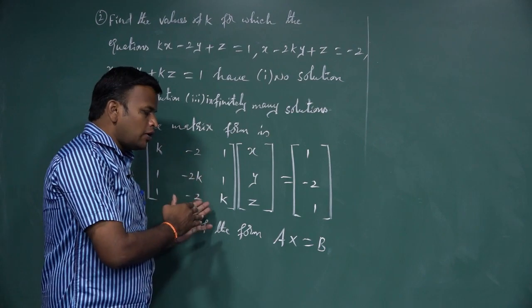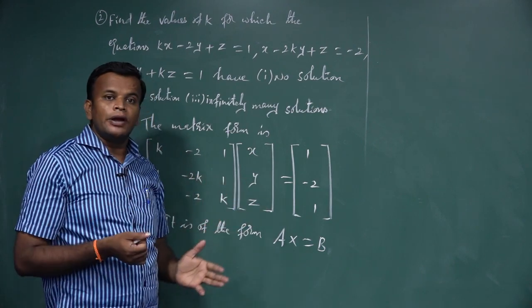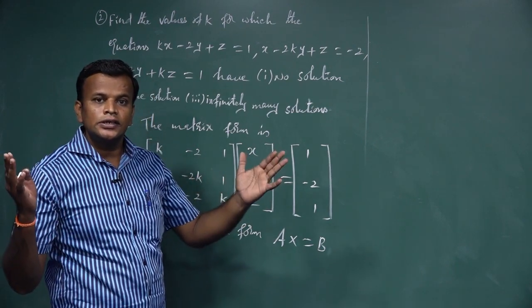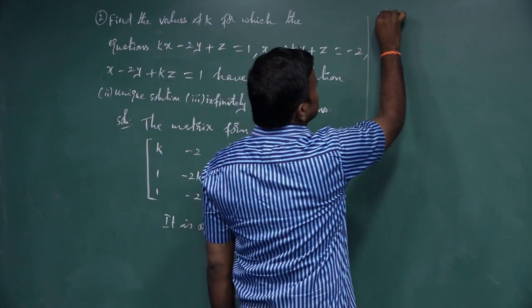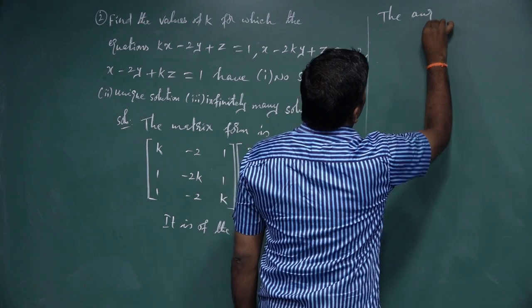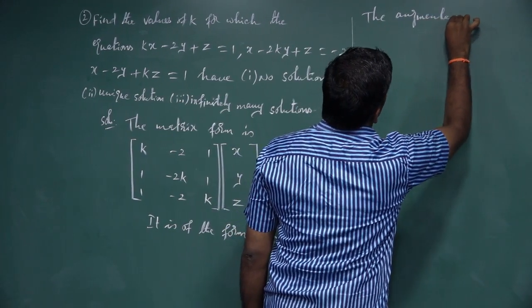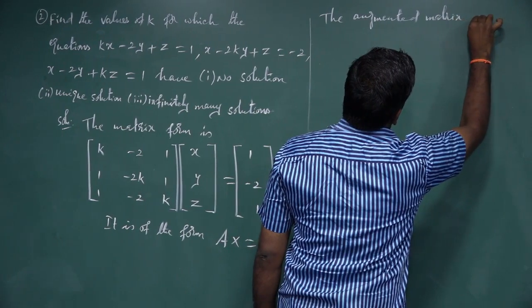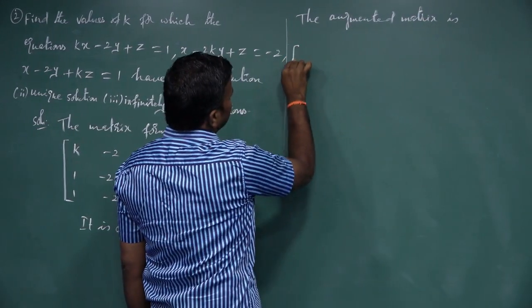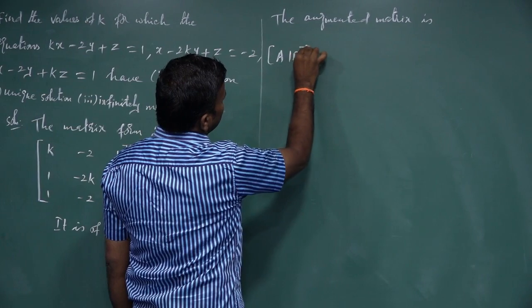Using this matrix form, we find one more matrix, the augmented matrix [A|B].